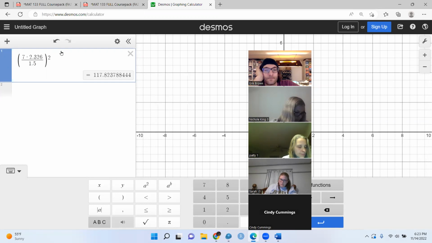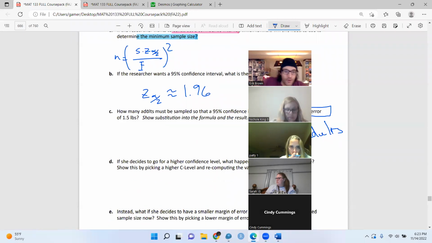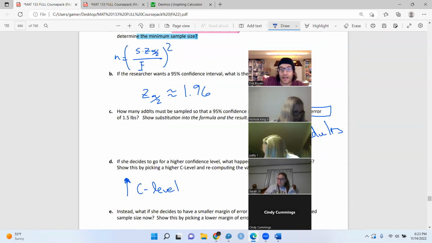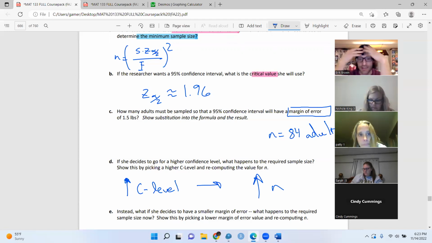It went up. Now I know in your notes you've got some things, right? I don't know if you did the symbolic. I often write these like this. If you increase the C level, sample size goes up. That's what this is highlighting. It's just doing a numerical computation to show that when you increase the C level, the sample size has to increase. I think there's some common sense thoughts here. If you want to be more confident about your results, just talk to more people.